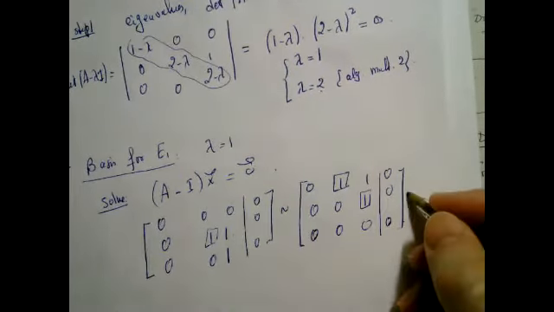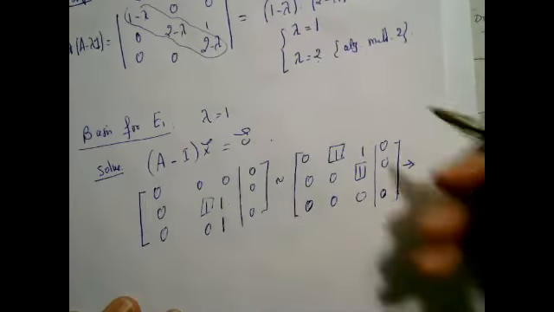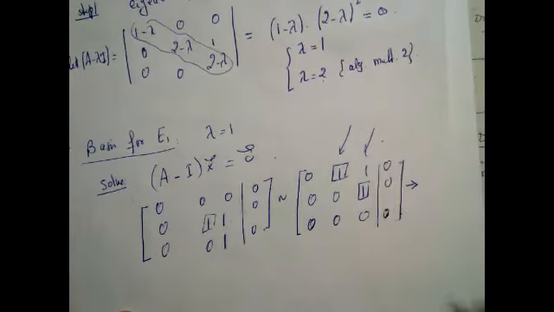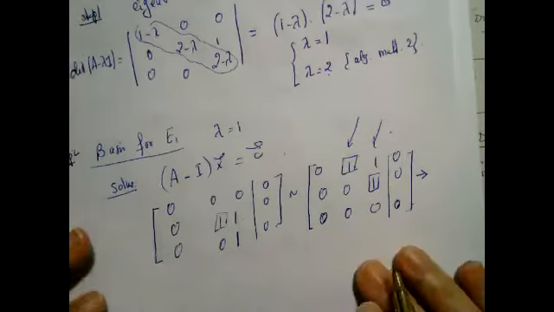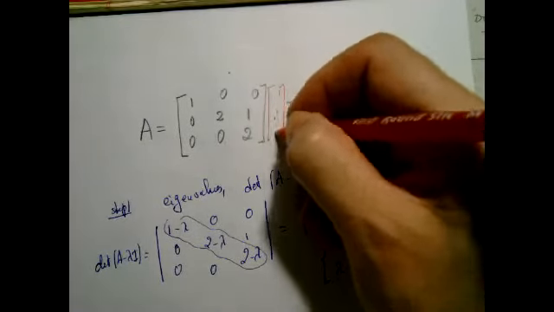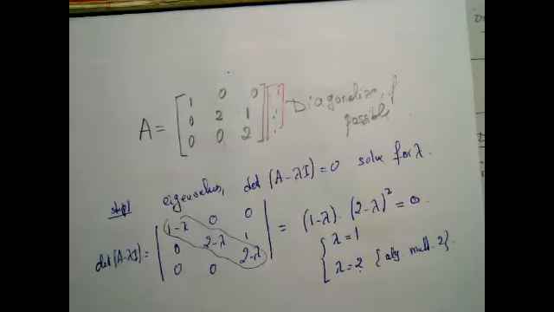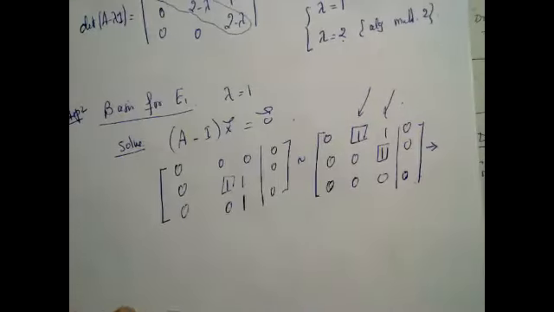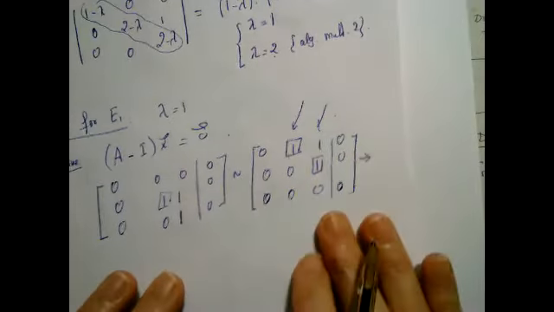And now I need to solve. I think I can solve right there. I have a leading, this is a leading, and this is a leading. My vectors are in R3 because we're looking for the vector x that we multiply by A to give me a scalar multiple of x. So I have 3 unknowns, x1, x2, and x3. In this problem, what's interesting is that we don't always run into this.